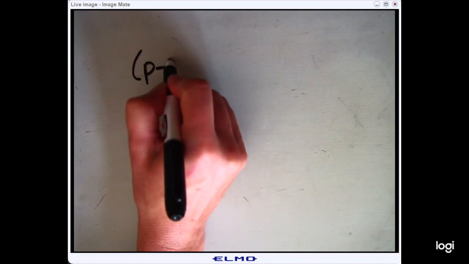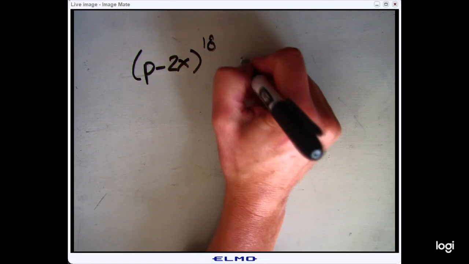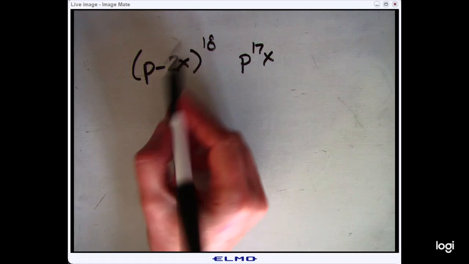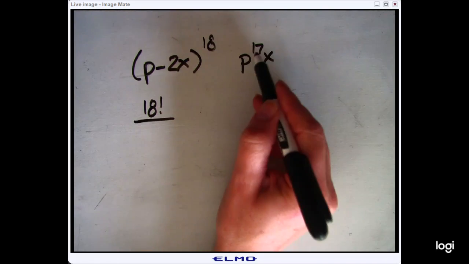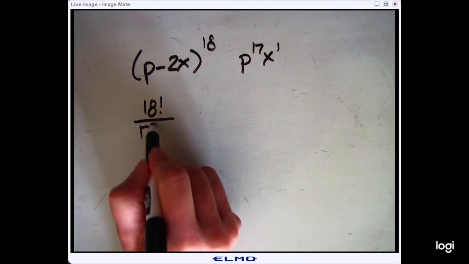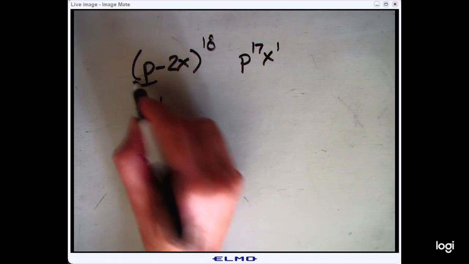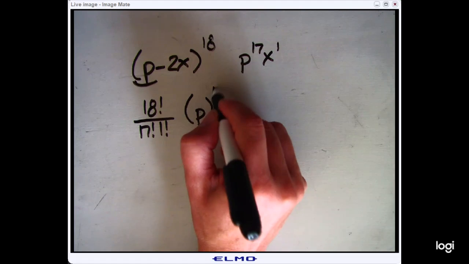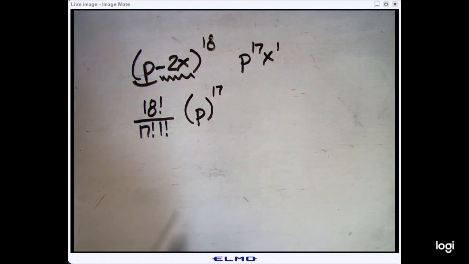All right, I have P minus 2x to the 18th, and it asks for the P to the 17th x term. All right, I take my power, and then I've got 17, 1, and then my P term is this guy, so times P raised to the 17th. My x term is the whole thing, including the negative.